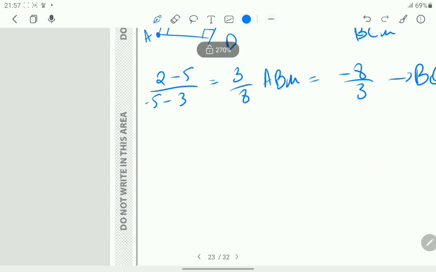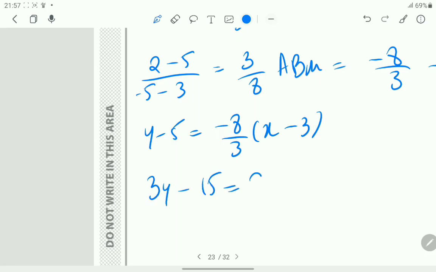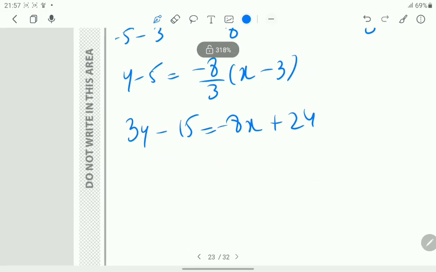Using the points, we get y minus 5 equals minus 8 by 3 times x minus 3, and sending 3 here, we get 3y minus 15 equals minus 8x plus 24, and we get 3y plus 8x minus 39 equals 0.